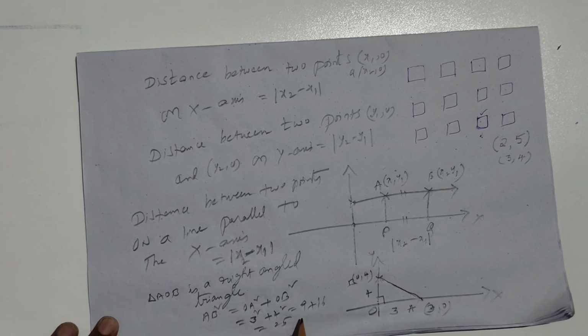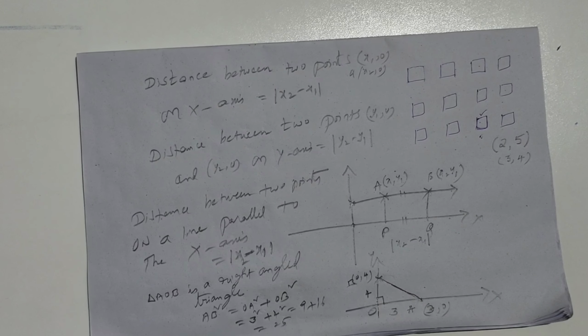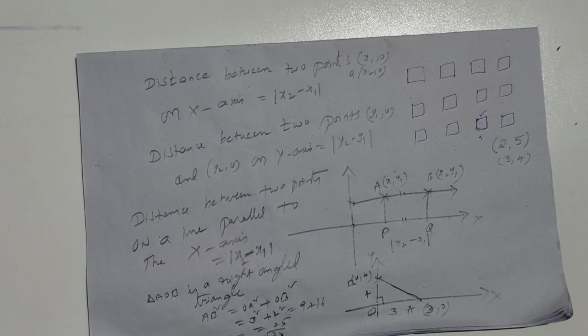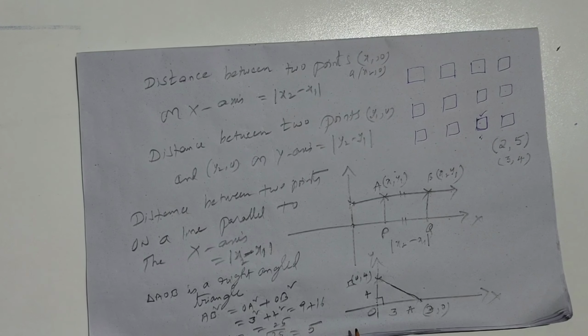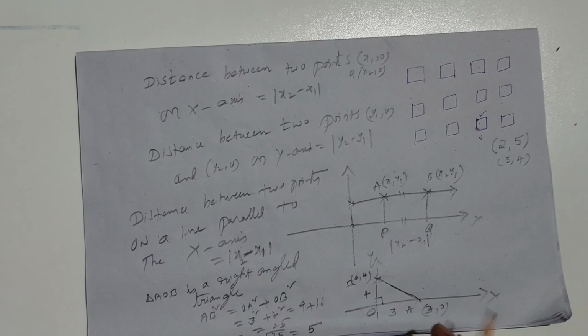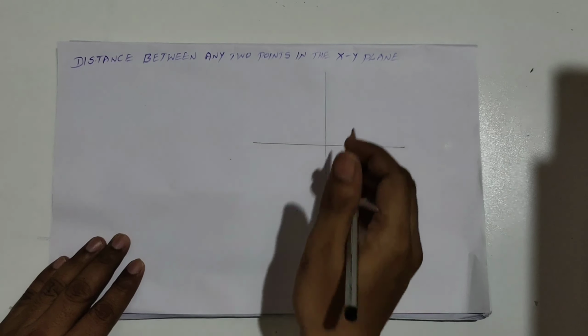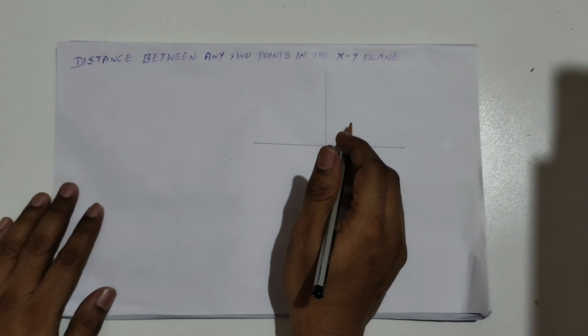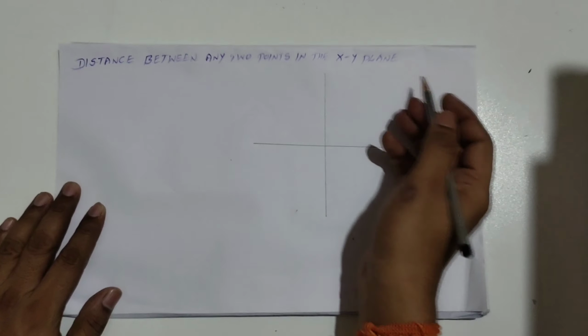So then AB is equal to root 25, simply 5 units. So like this we can get easily the distance between the points on coordinate axis. Okay, now let us see next. Now students, distance between any 2 points in the xy plane.